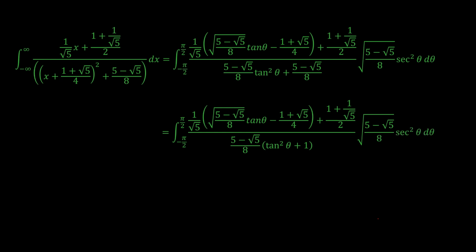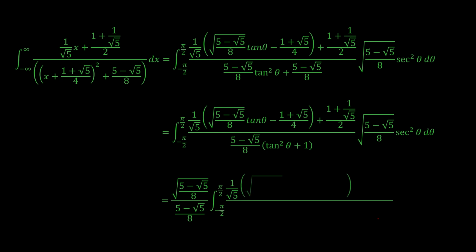We're able to pull 5 minus root 5 over 8 out, and so we're left with tan squared theta plus 1, and this is the same as sec squared theta. So we can also pull this and this out. So we have square root of 5 minus root 5 over 8 over 5 minus root 5 over 8. And then in the denominator we have sec squared theta, and on this end also we have sec squared theta. So this and that can cancel.